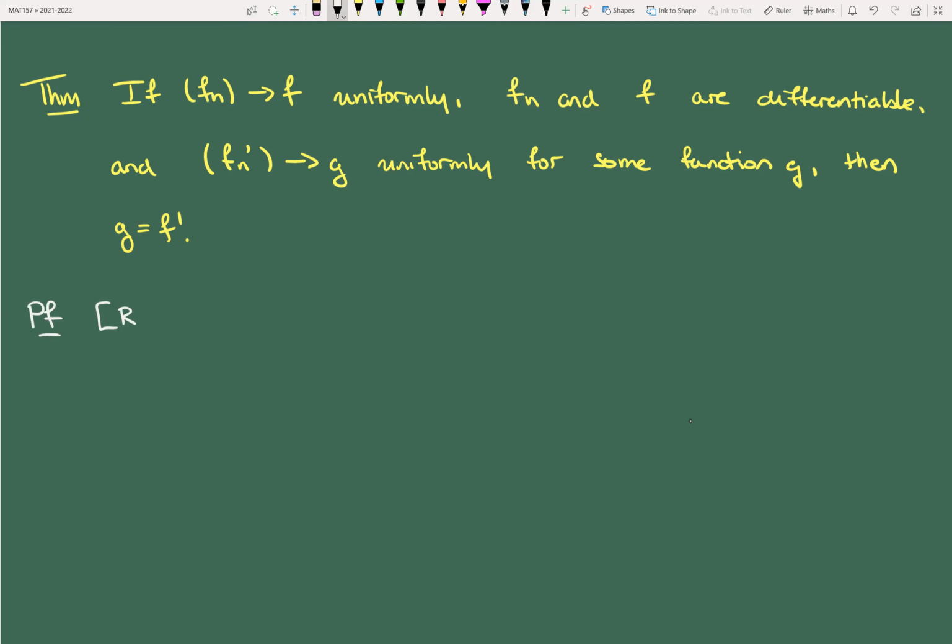So what are we actually trying to prove here? We're trying to prove that whatever the derivatives converge to uniformly was actually the derivative of f. So what we want to look at is this thing.